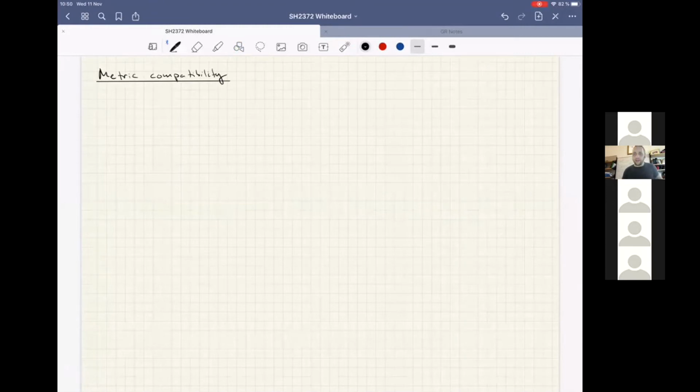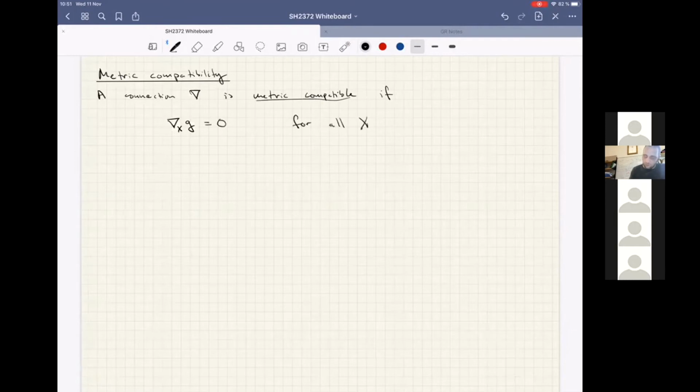And it's a rather straightforward requirement. So we say that a connection, if we have a metric, a connection nabla is metric compatible if and only if the connection in direction x acting on the metric tensor is equal to 0 for all vectors x.